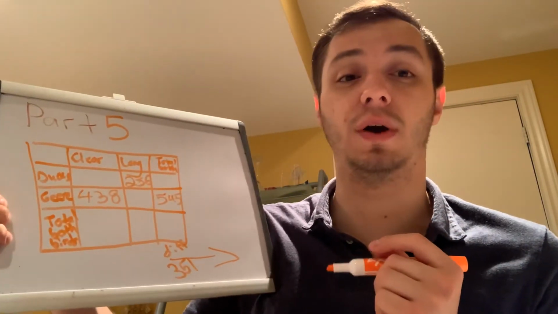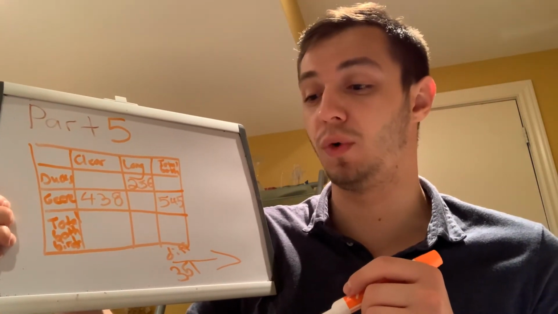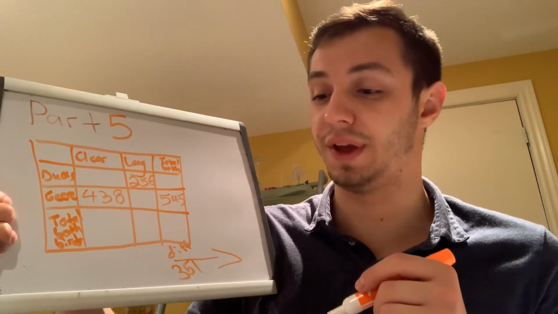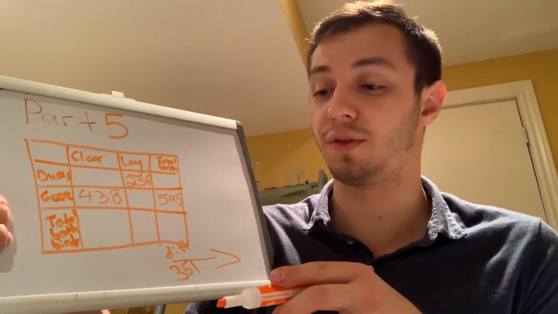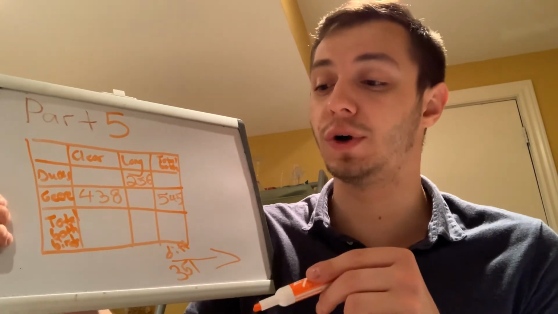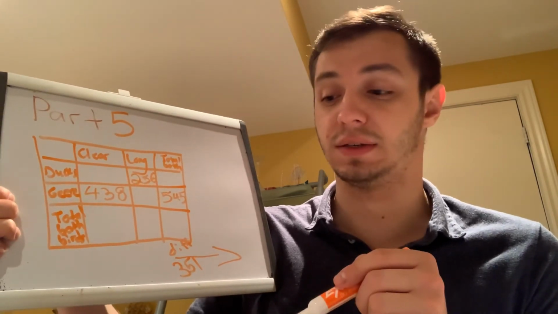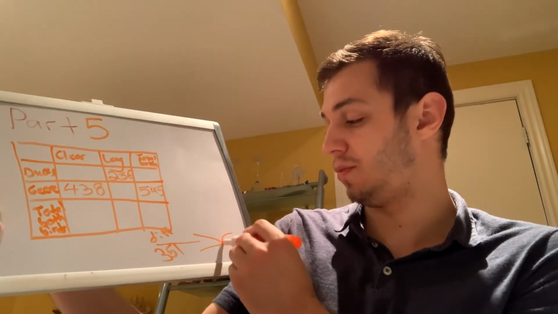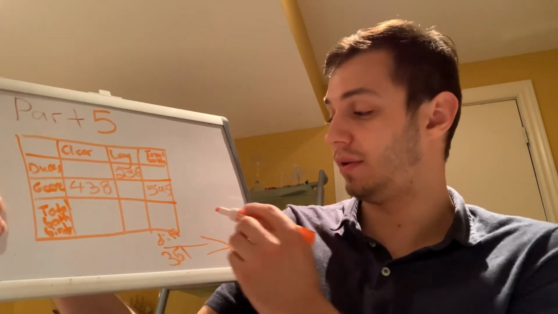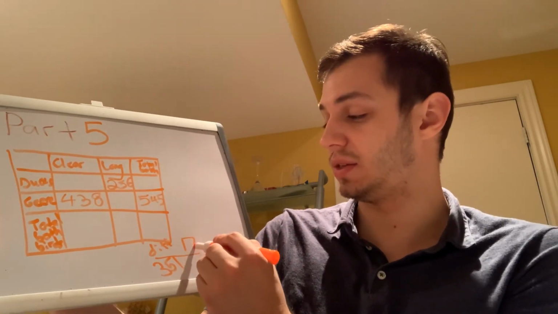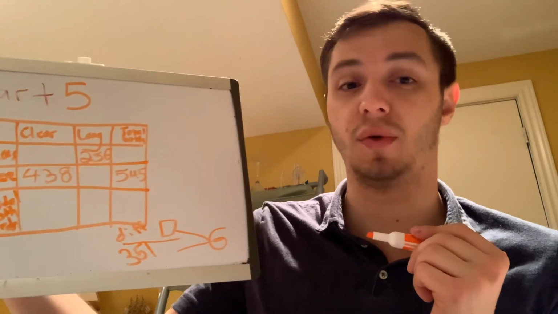Then we have to figure out, were there more ducks or were there more geese on Clear Lake? It tells us that there were 351 fewer ducks than geese. So there were more geese, I'll put a G here. And then there were less ducks, so ducks is going to be our small number.